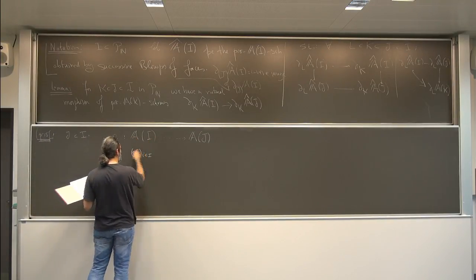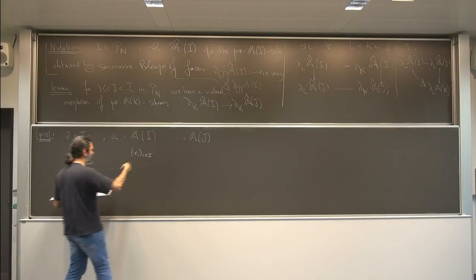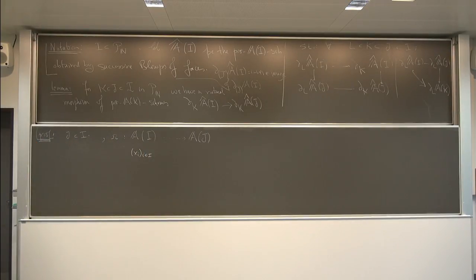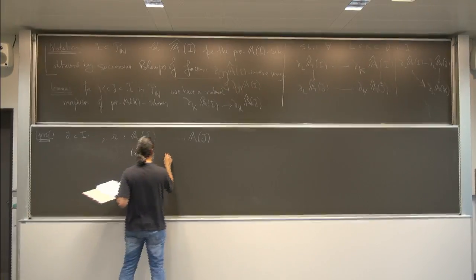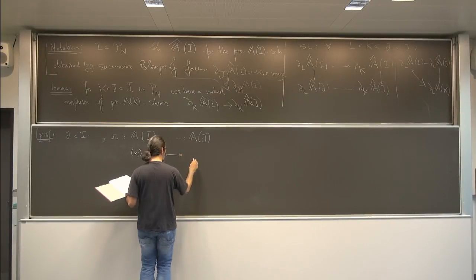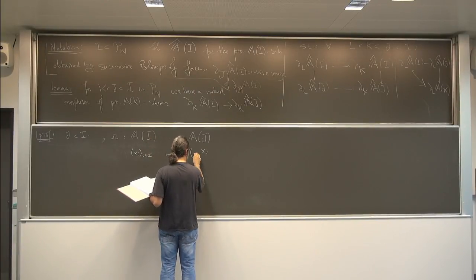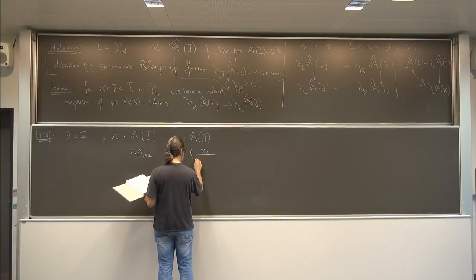A point here is a family of points in A^1 such that their sum is equal to 1, and this goes to the following family, what you expect.